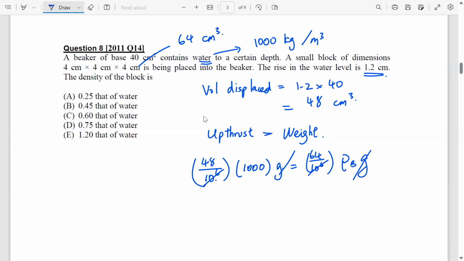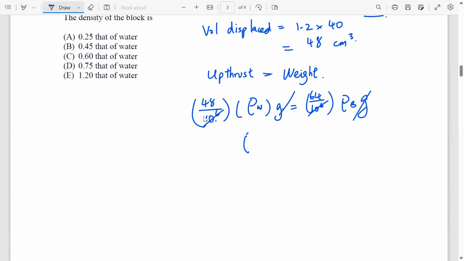We want to find the density of the block with that of water. Because it's asking us for that of water, we don't really need the value of the density of water, we just need it in terms of it. So the density of the block is equal to 48 over 64 times the density of water. 48 divided by 64 gives you 0.75. So the answer is D.